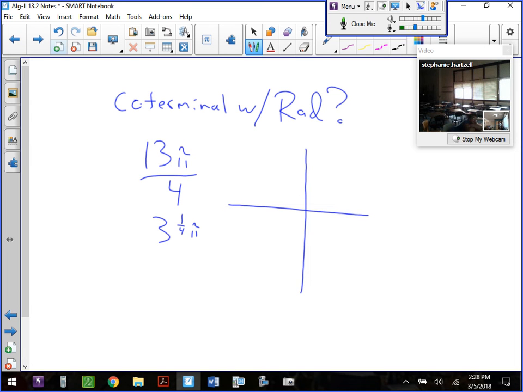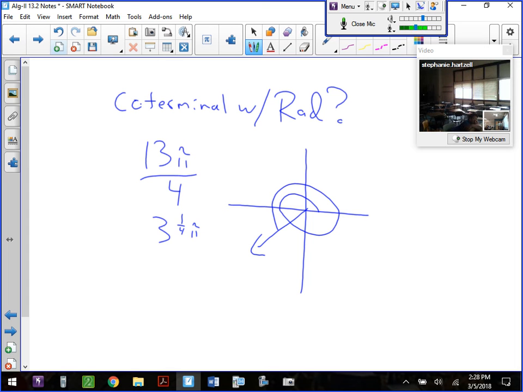The reason why I say that working with mixed numbers with radians is kind of a nice thing to do is because as you count 1 little, 2 little, 3 little pies, quarter. There's my angle. What I'm looking at here, guys, is I can count by pi.